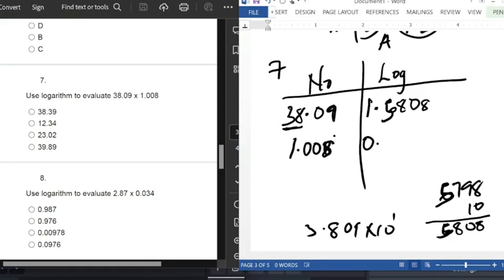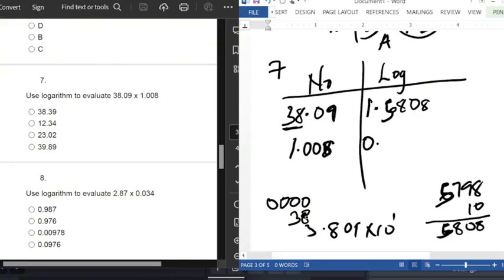Then difference of 8 is 37. That is going to give us what we have there, 0, 0, 0, 0. Then we add it to this one, 38, equals, under difference 8 is what?